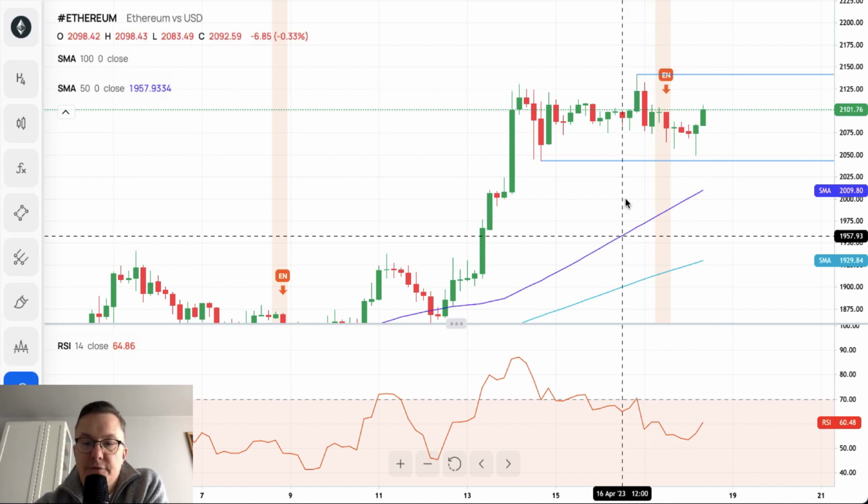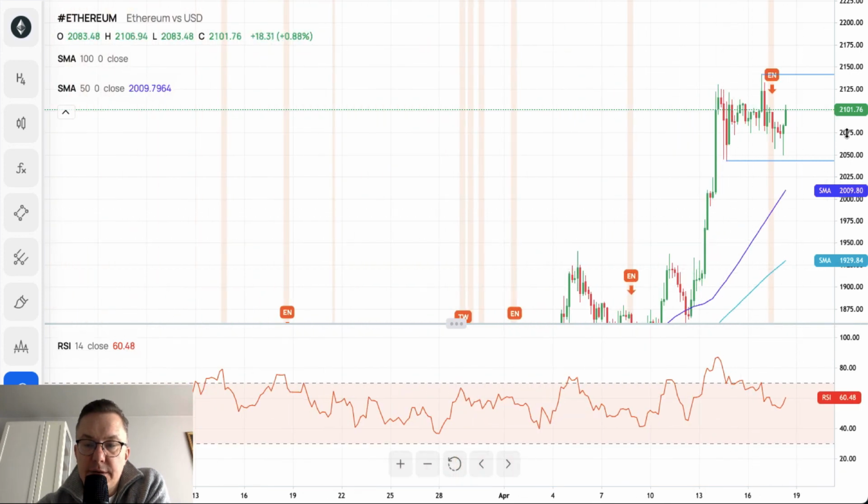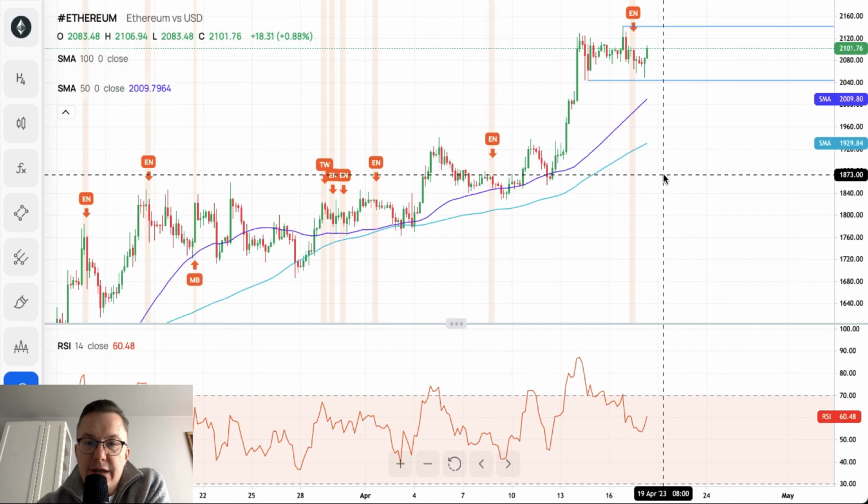Then we have a new high. We have, let's say, an uptrend continuation indication as well, because this is how it looks when you zoom out a little bit. So it looks pretty decent for another day, another week as well of gains on Ethereum.